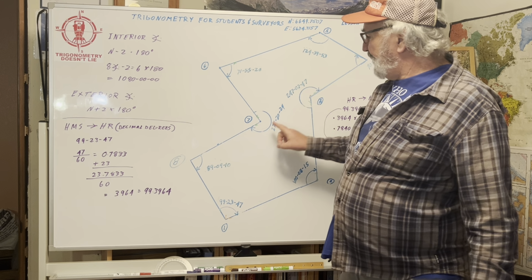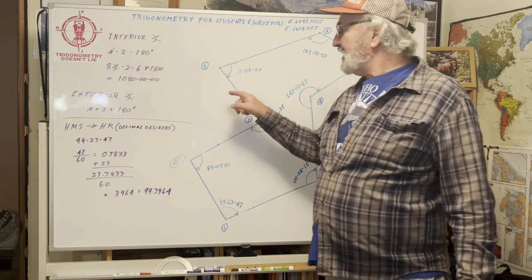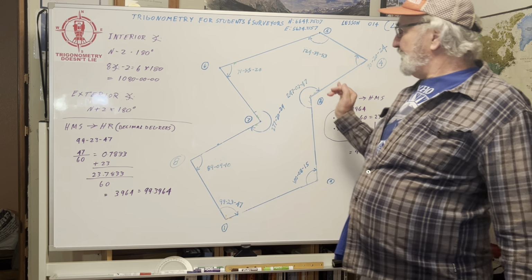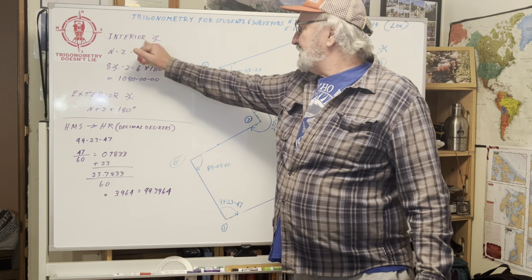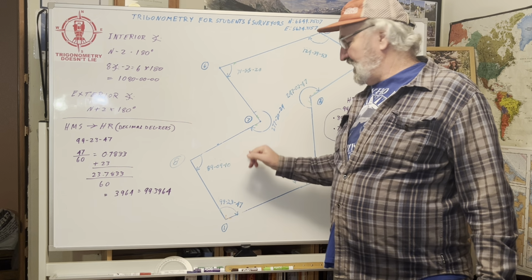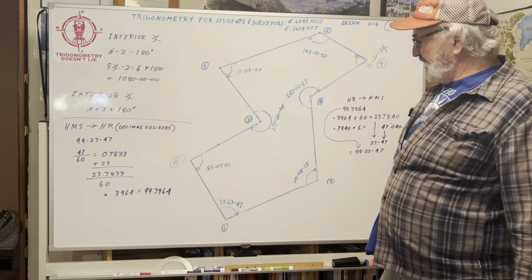So now you get to a polygon like this. This represents a traverse, and we have 8 angles, and these are interior angles, by the way. These are all interior angles, and they're all right angles clockwise.